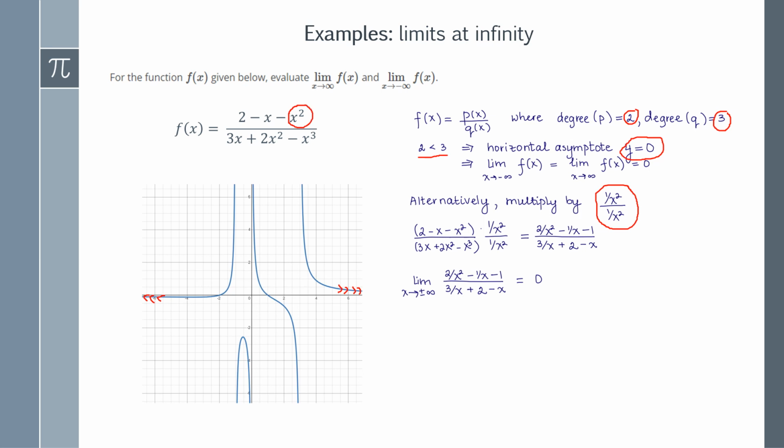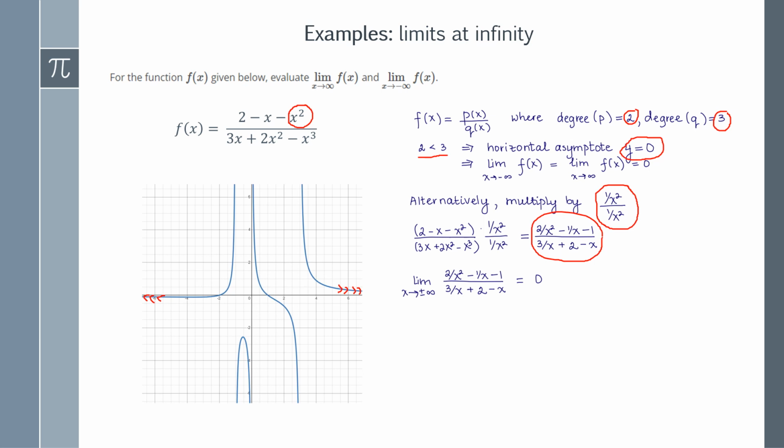Okay, so I pick that value right here, and you'll see why. So once I multiply the numerator by 1 over x squared, what's going to happen? I'm going to get 2 over x squared minus 1 over x minus 1. Okay, and on the bottom we get 3 over x plus 2 minus x. This is what we get over here once we do the algebra.